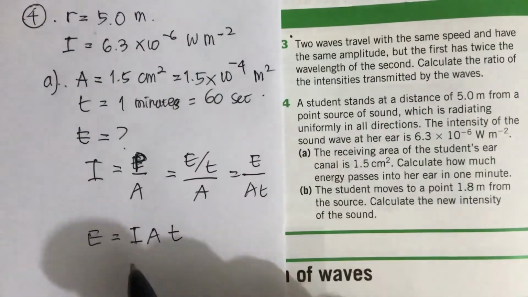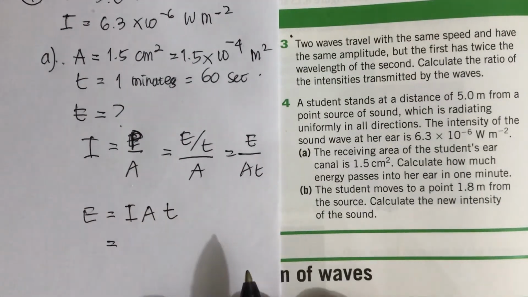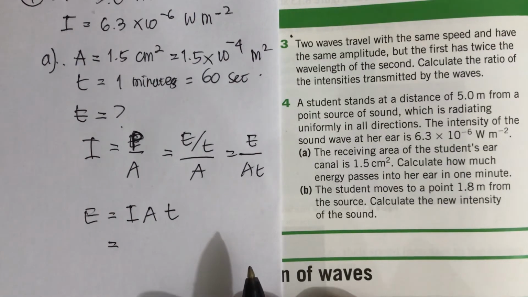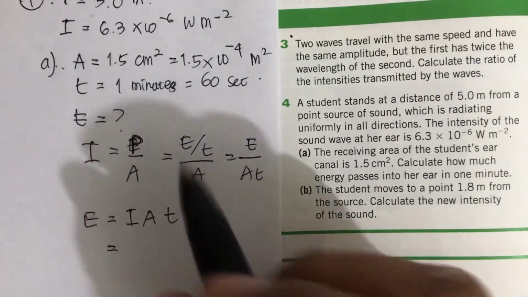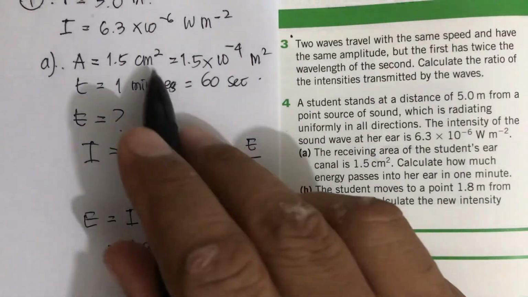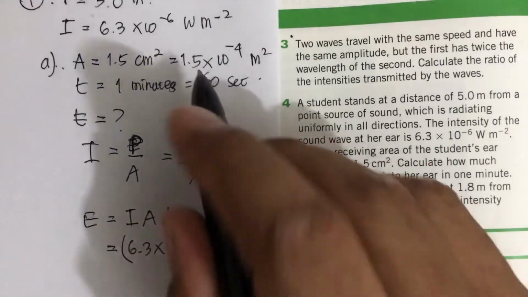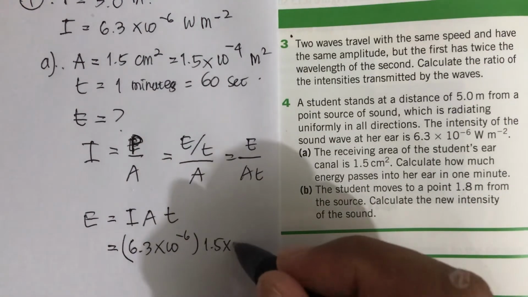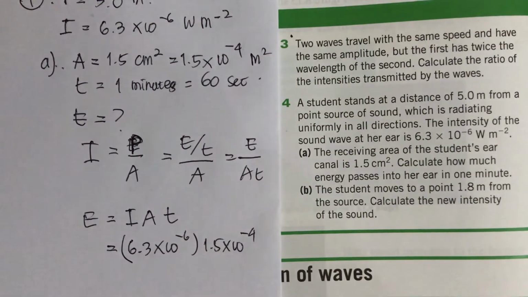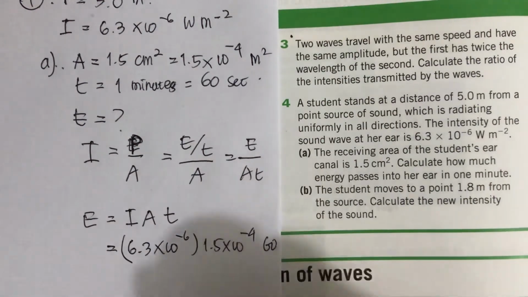Back to this one: intensity is 6.3 times 10 to the minus 6, area is 1.5 times 10 to the minus 4, and T is 60 seconds.